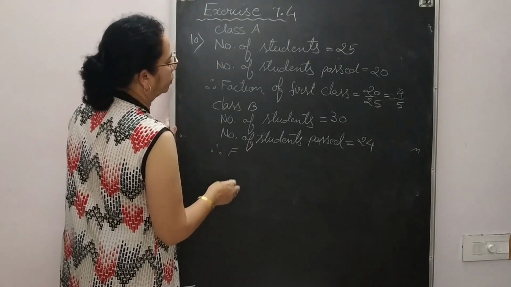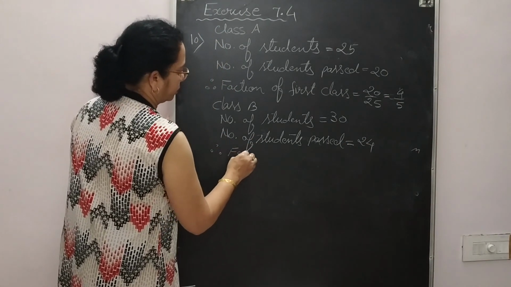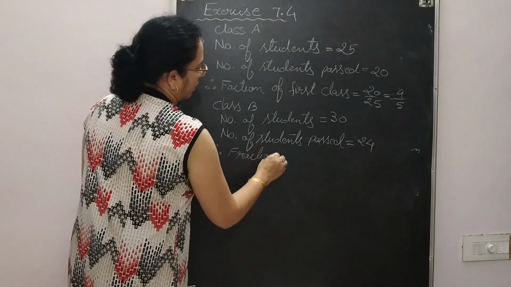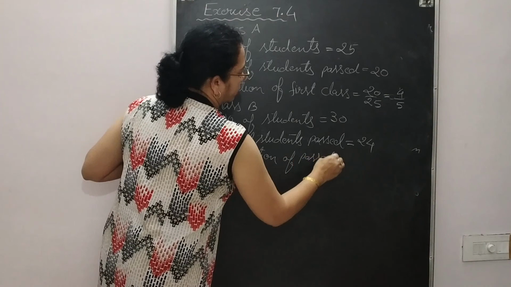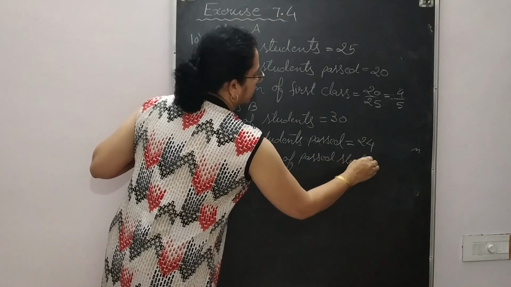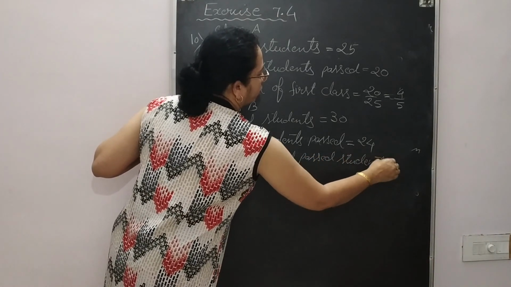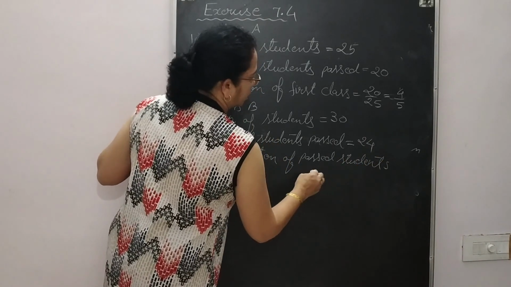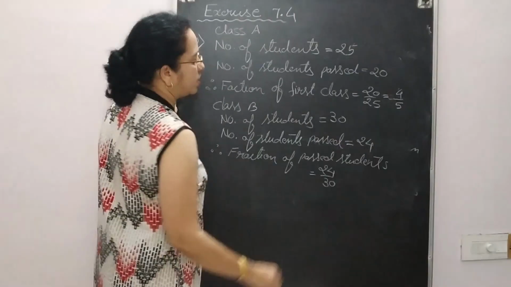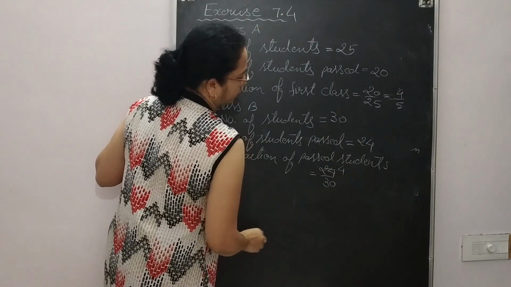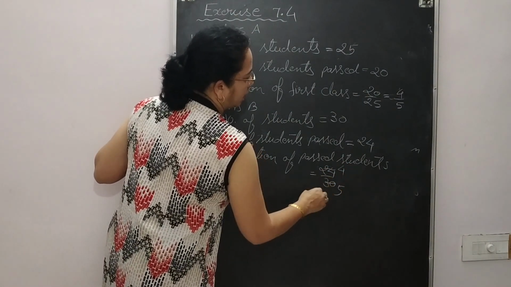Therefore, fraction of first class students or fraction of passed students. I told you writing statement vary person to person. So this will become 24 upon 30. The number is divisible by 6. 6 4s are 24, 6 5s are 30.